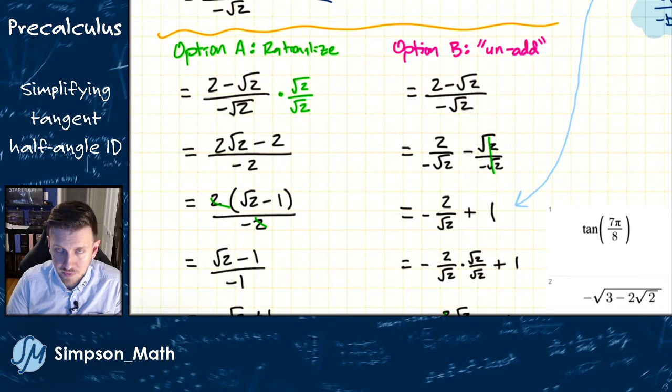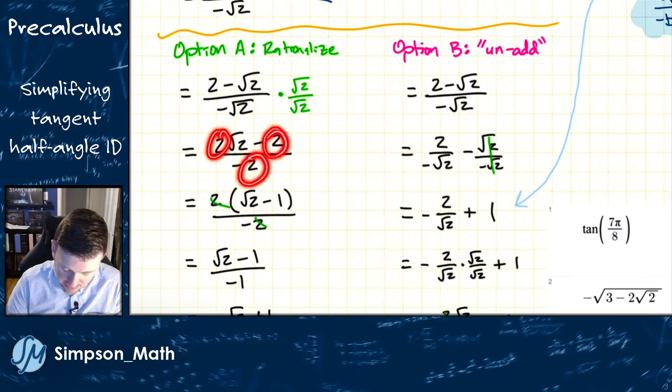I distribute the square root of 2, so now I have 2 square root of 2, 2 times square root of 2, minus, and if I have a negative square root of 2 times a positive square root of 2, that's a negative 2, as we saw earlier. So I have lots of 2's. I'm going to factor a 2 out of here, here, and here. Again, I'm not touching the square root. So factor out the 2, and then these 2's can reduce.